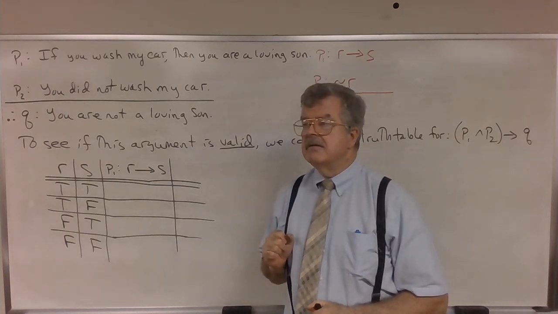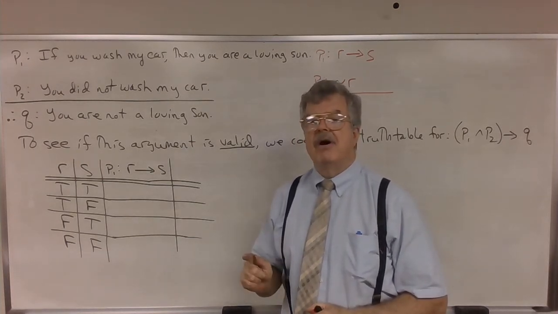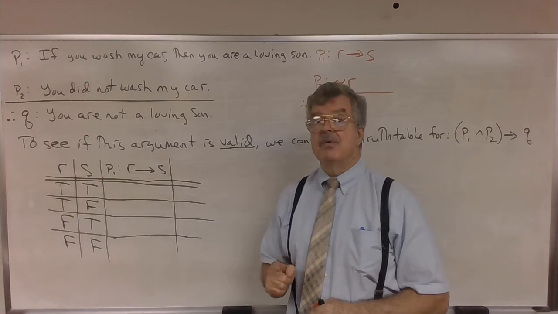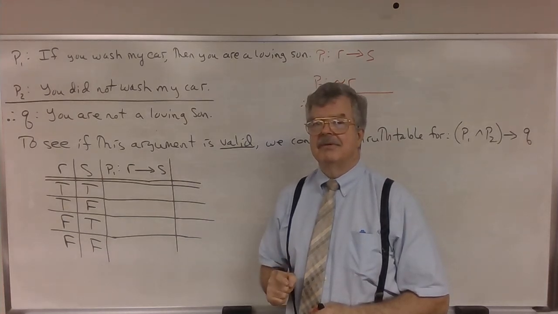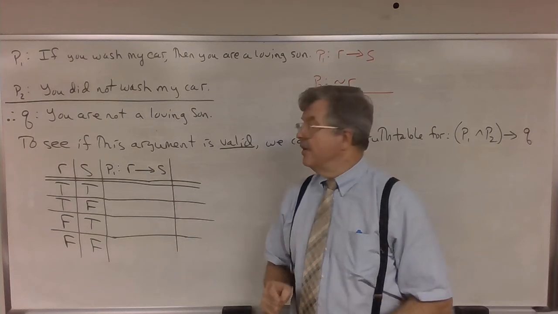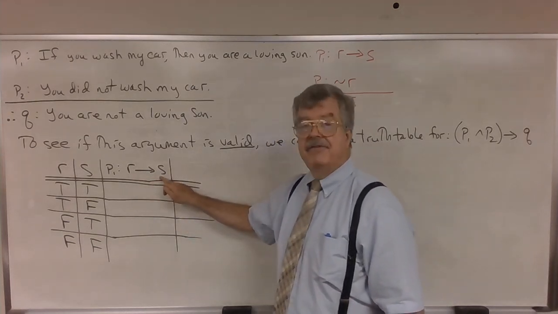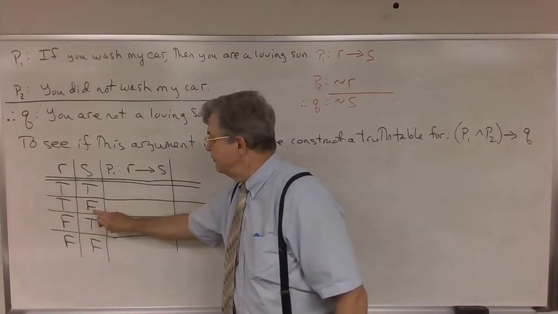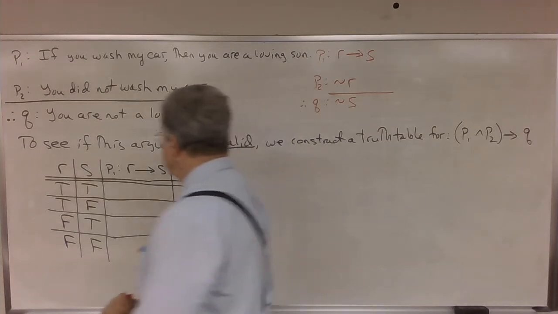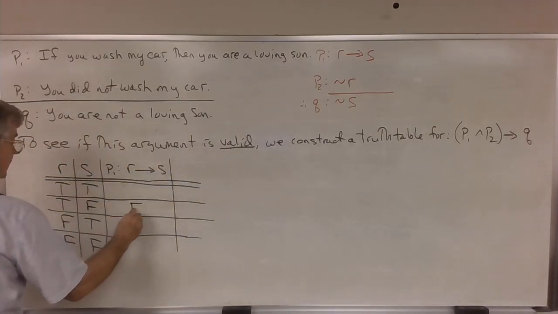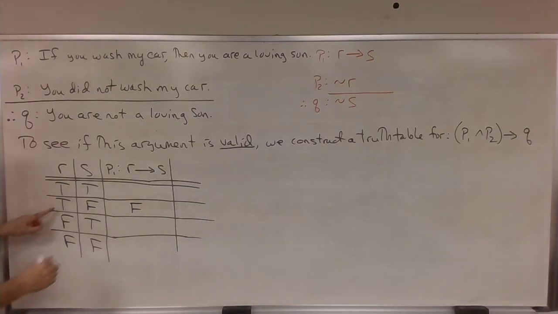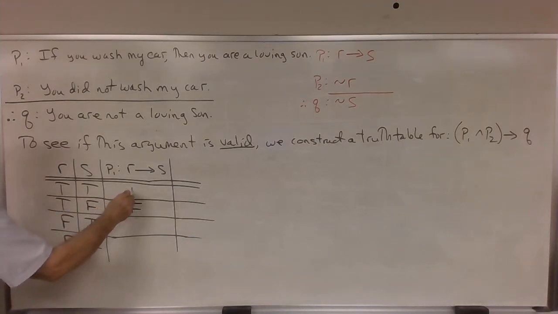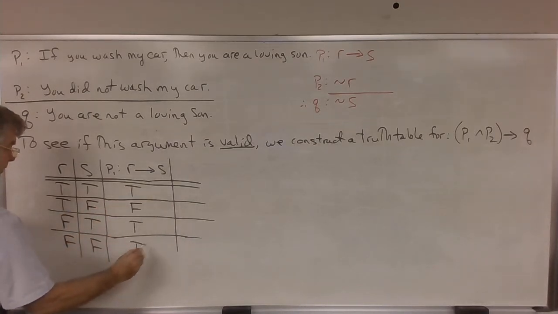An if-then is only false when what happens? When we have true implying false, right? So we look for a case where R is true and S is false, and here it is. P1 is only false when we have R true implying S false. Every other time this statement is true. Okay.